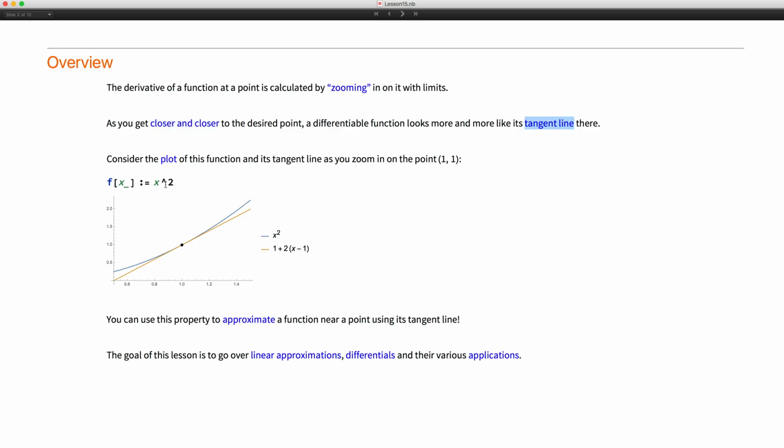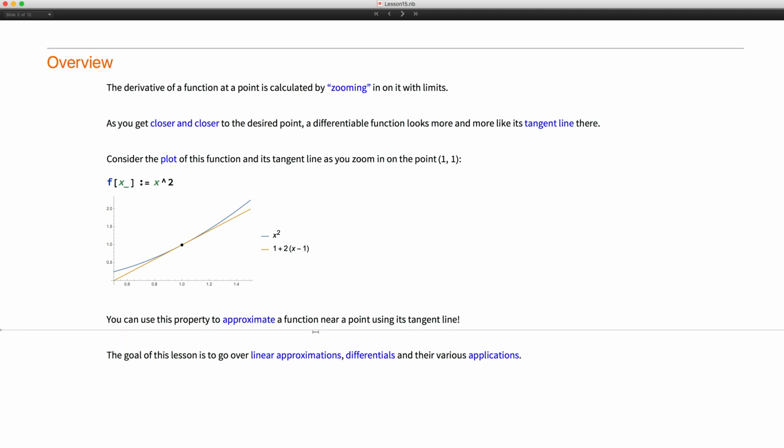So, for example, here's the function f of x equal to x squared, and that's the function. That's a tangent line. And you can see that very close to the point 1 comma 1, they both look essentially identical.